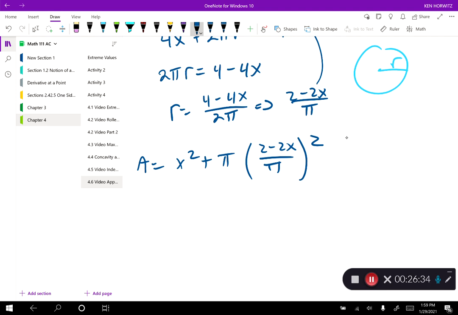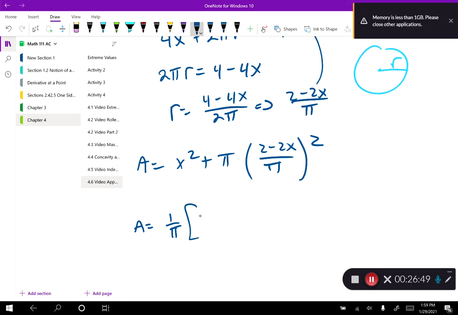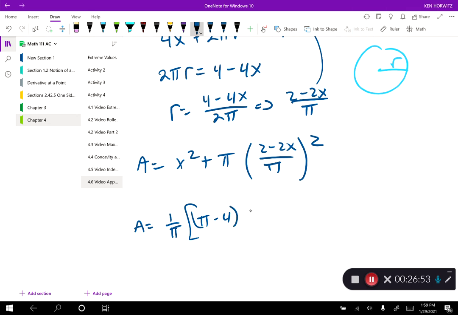All right, hopefully you did some simplification. I wound up with area equals, I pulled out 1 over pi, and I was left with this. If you did not get all the way here, make sure you do.